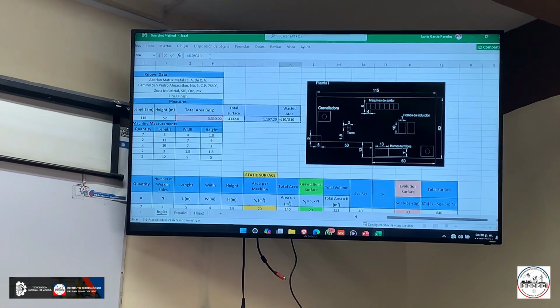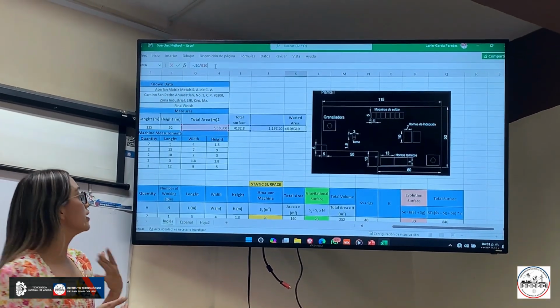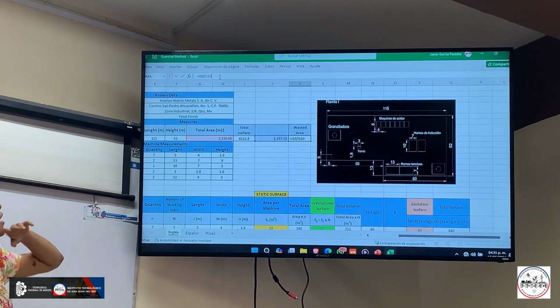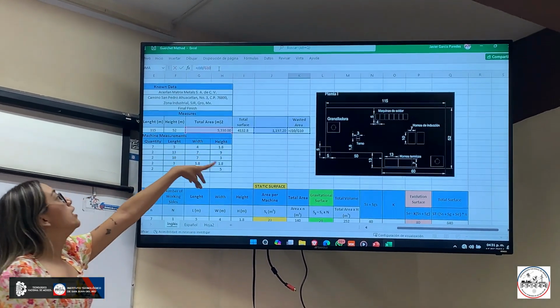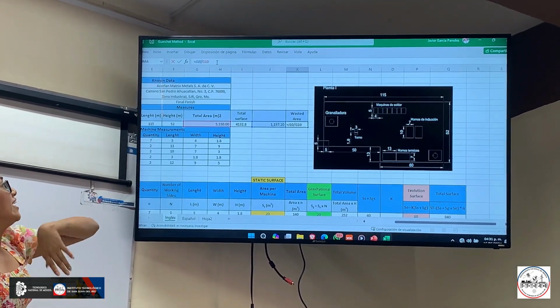To get the waste area, you subtract the total surface from the total area.